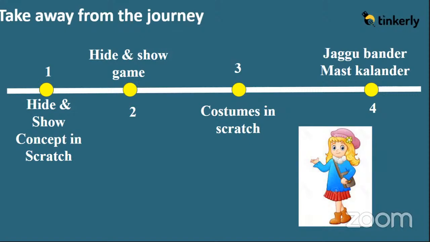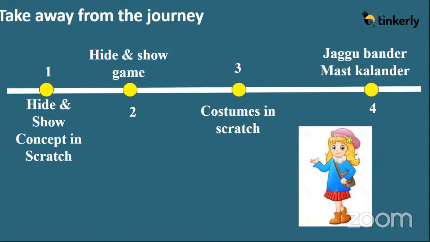So in the hide and show game, we created that whenever I click on my sprite, my score should increase. Whenever I click on the other sprites, my score should remain the same. So in that, we have taken 3 sprites, a cat and fishes, right? Whenever we click on that cat, our score increases.